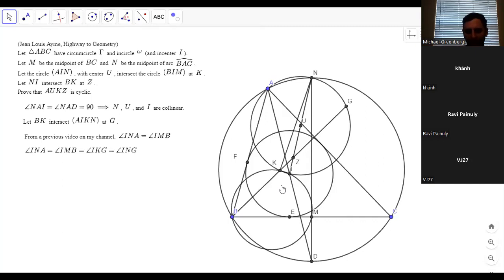Okay. So UA is equal to UK, and this is the exterior angle bisector. Because angle UAK is equal to angle UKA. Okay, actually, I think, so you're saying angle UAK.